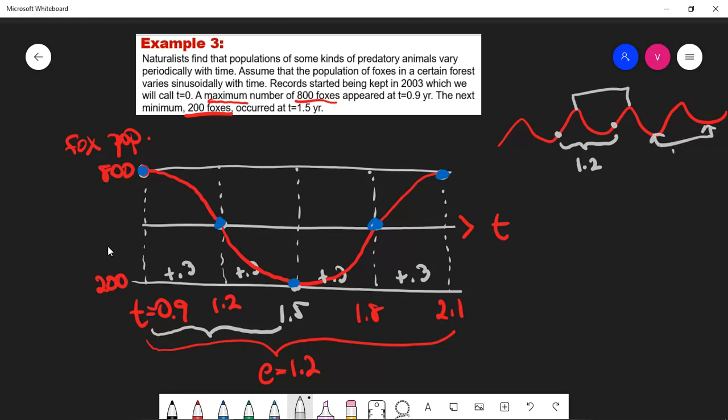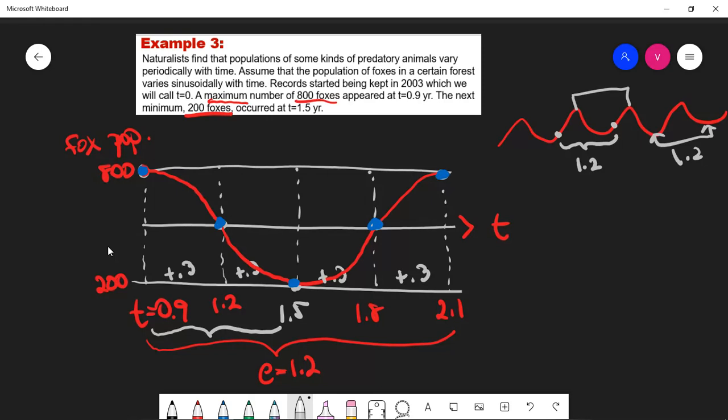All of those cycles would be 1.2. You are just modeling a situation conveniently for you so you can create after this an equation which you can use at any time to determine the fox population at any point in time.